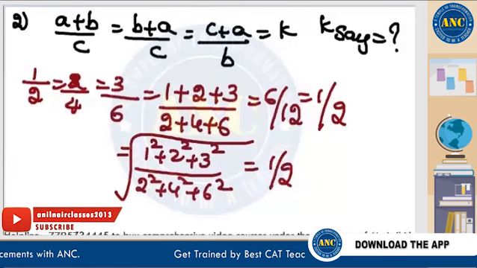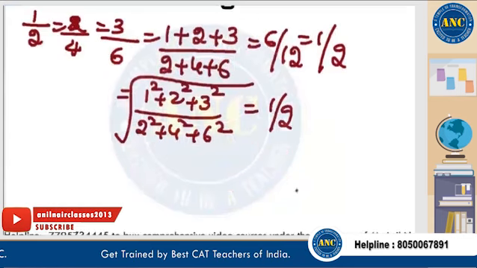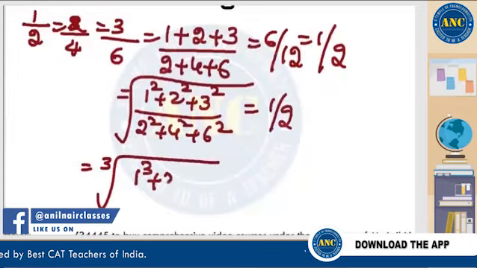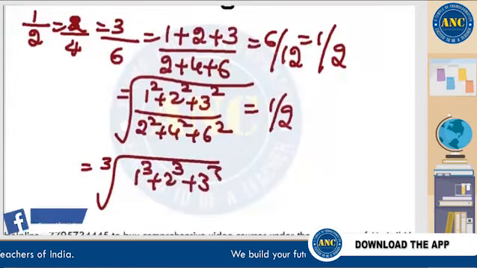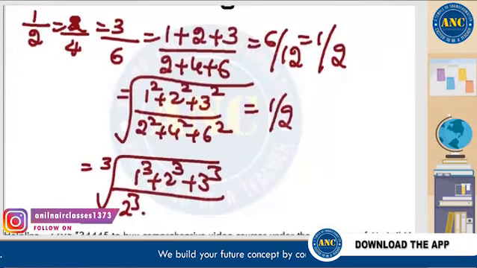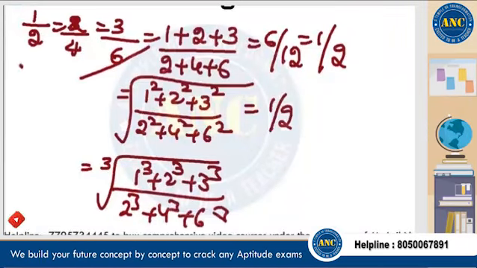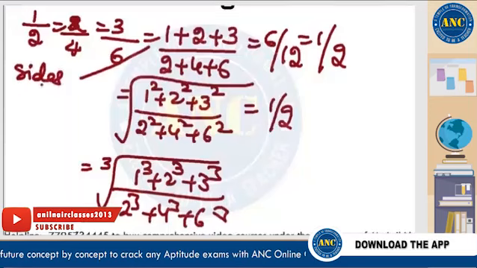It is also nothing but the cube root of 1 cube plus 2 cube plus 3 cube divided by 2 cube plus 4 cube plus 6 cube. This is nothing but the ratio of the sides.